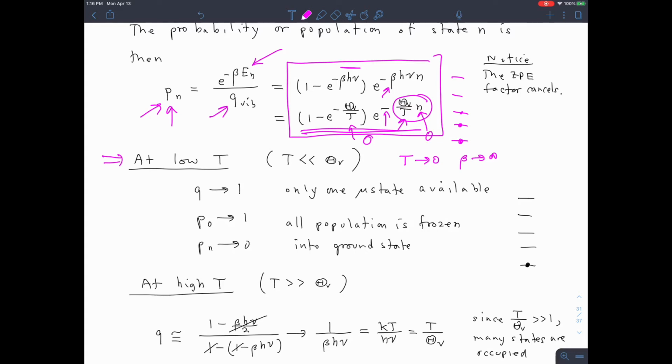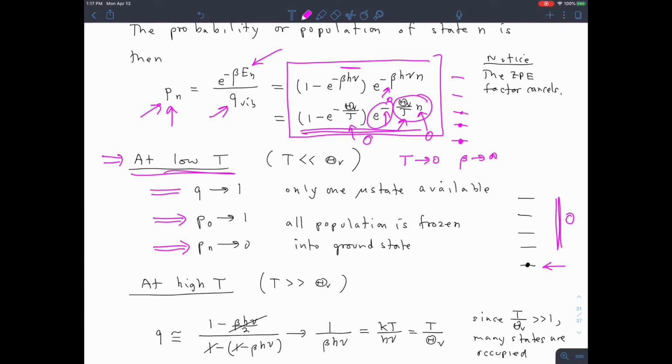If n is equal to 0, we get e to the 0 here, and then you get a 1. So the probability of the ground state at low temperature is 1, and the probability of every other state is 0. Everything is frozen into the ground state. All the upper states have probability 0. That's what you'd expect.